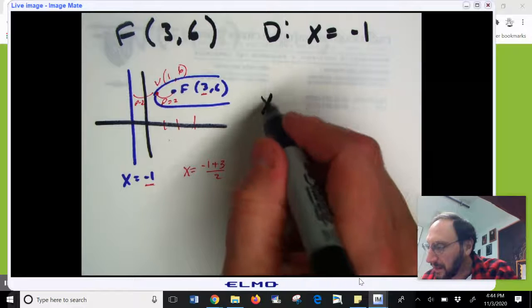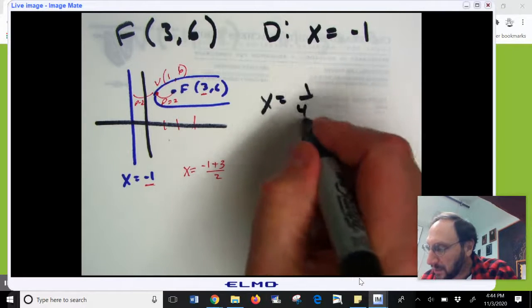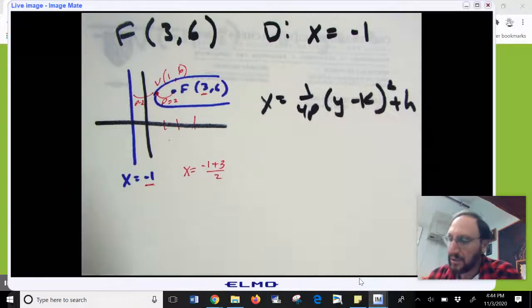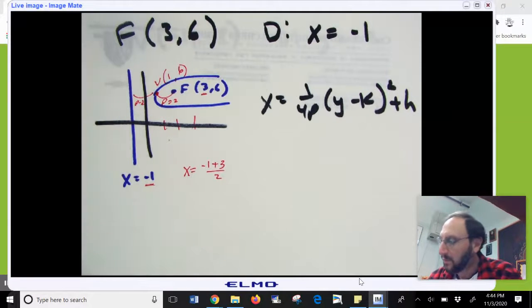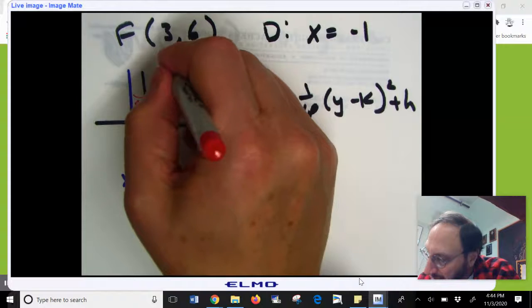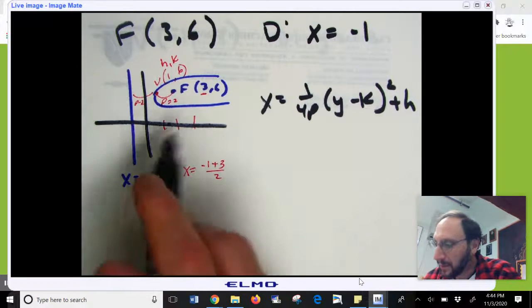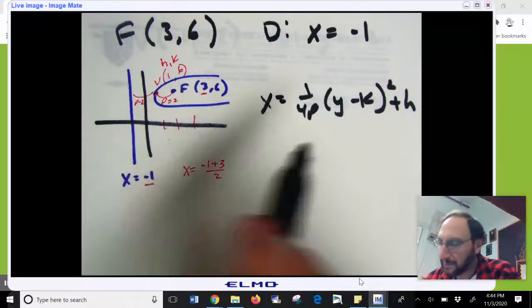This tells me that I've got the equation x equals 1 over 4p, (y minus k) quantity squared, plus h. Now, our vertex is h, k, so we have to be careful about putting them in the right place. Our p-value is positive 2 since it's going to the right.